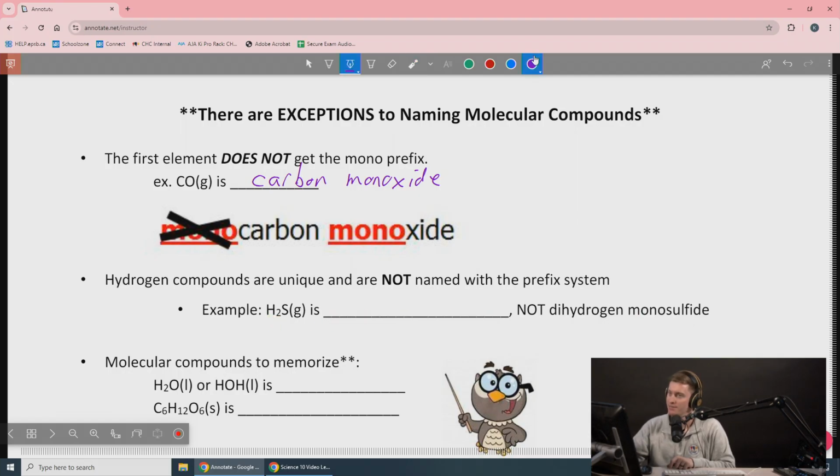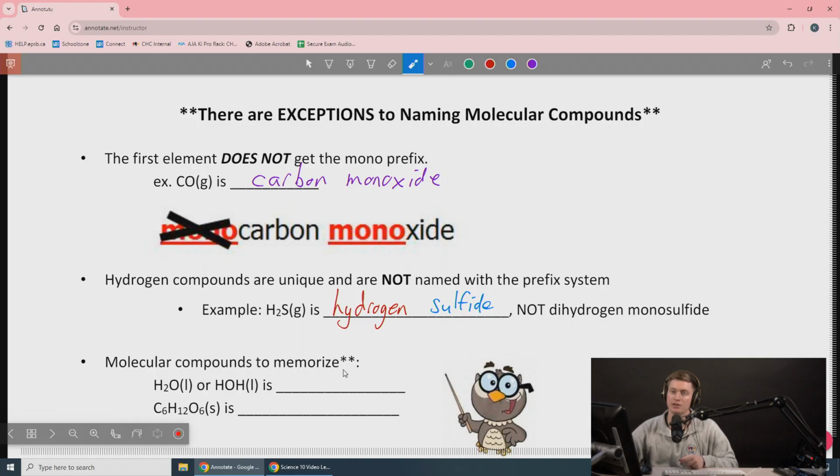We name it kind of like an ionic compound, where you treat the hydrogen almost like a cation, and it's going to be hydrogen sulfide. So hydrogen is not a metal. This is a molecular compound. Hydrogen is not a metal, but we name it without putting the prefix in.